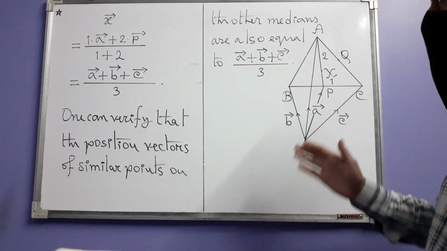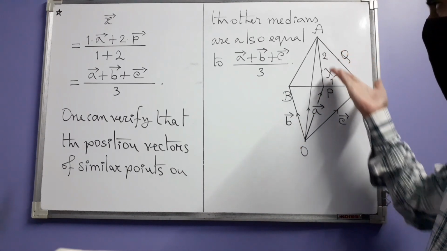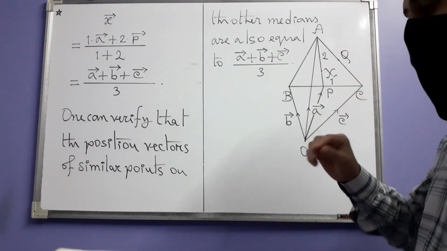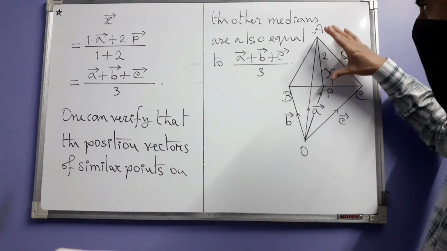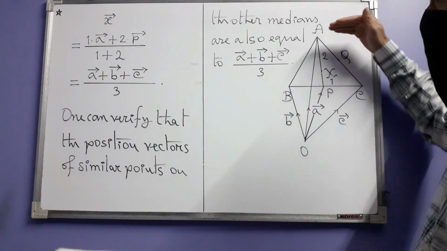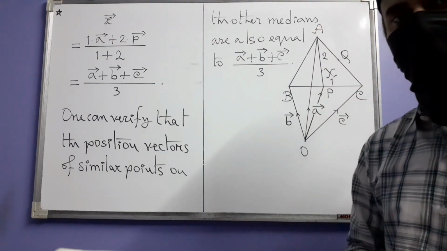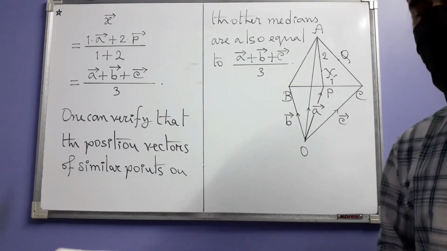So that is why the three medians pass through the same point, which divides each median in the ratio 2:1 when the median is considered in this sense from vertex to midpoint. So the claim has been proved.